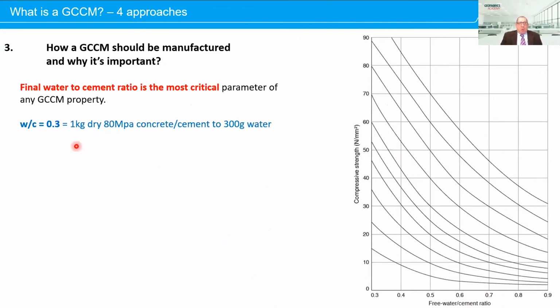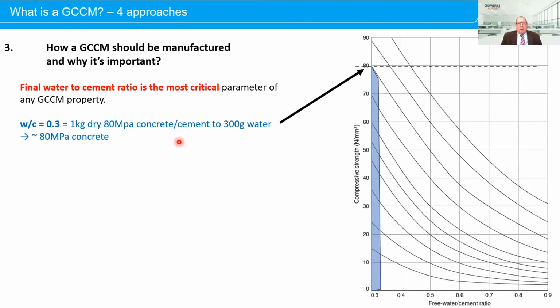Now, if we get 1 kilogram of 80 MPa concrete cement, and we add to that 300 grams of water, we get 300 grams over 1,000 grams, which gives us a water cement ratio of 0.3. So this particular dry 80 MPa concrete cement, when mixed with 300 grams of water, according to our graph, this is our water cement ratio down here, gives us a concrete strength when tested as a cube of 80 MPa.